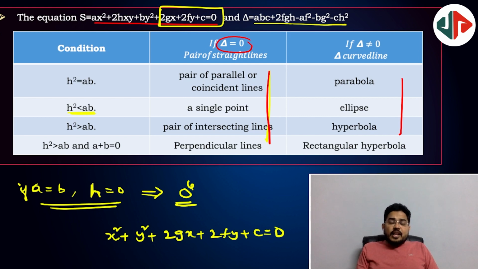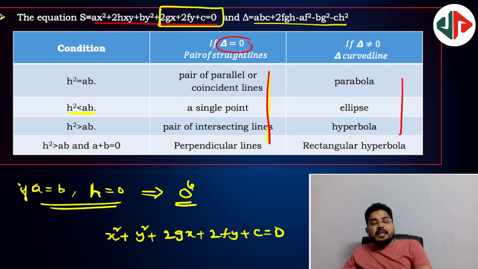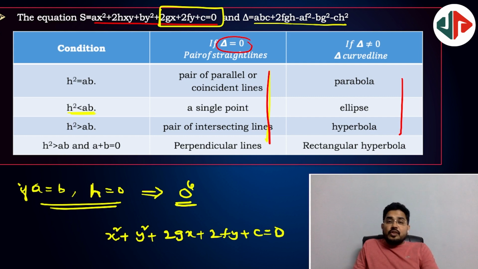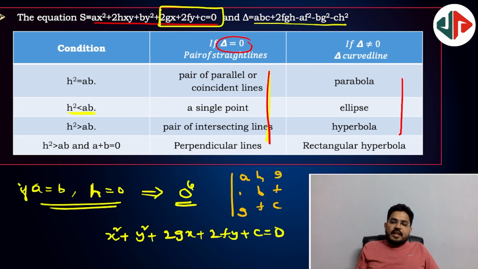So when the general second degree equation is given to us, you need to go for delta primarily. To find the delta, we also have another way of solving. Instead of doing this, you can determine it with the determinant also: a, h, g; h, b, f; g, f, c.